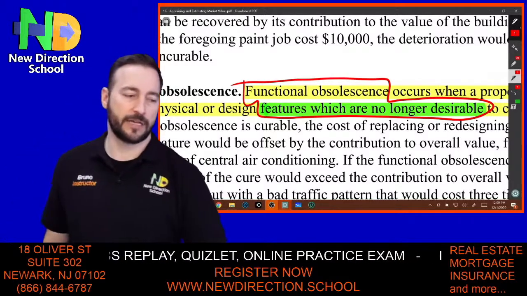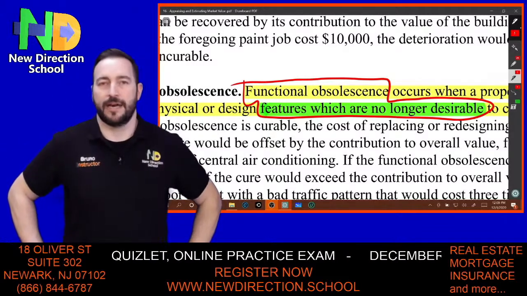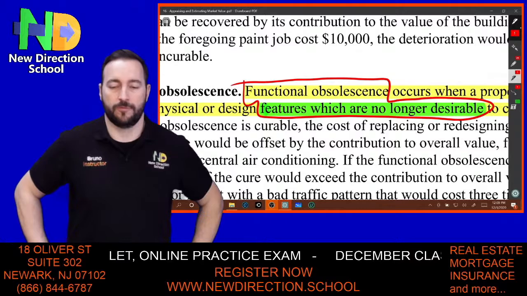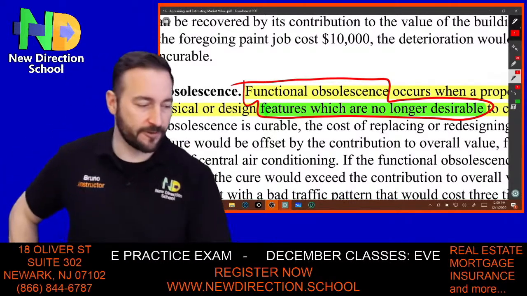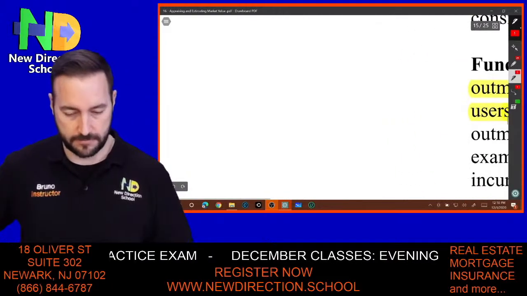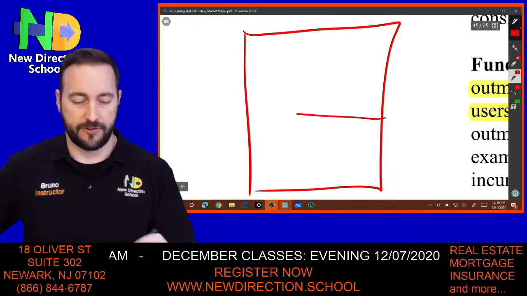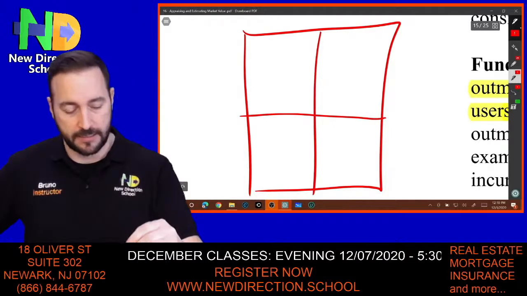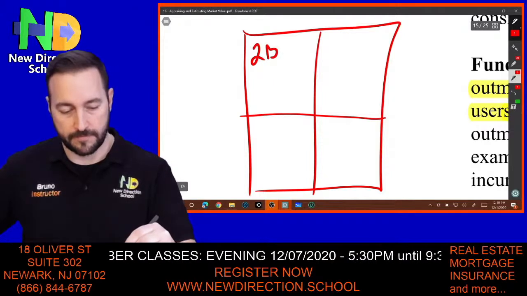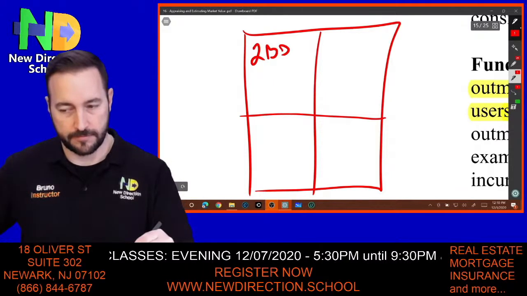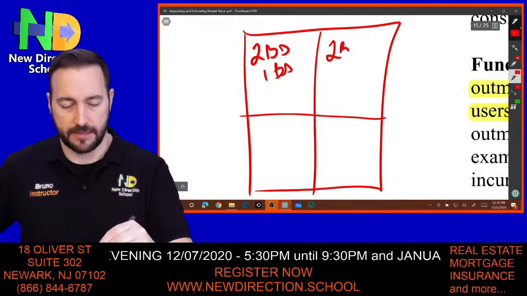So I'll give you the example of a property that I have that's about to close. One of my students is buying a 4-family. And that 4-family has two bedroom, 1 bath or something like that.